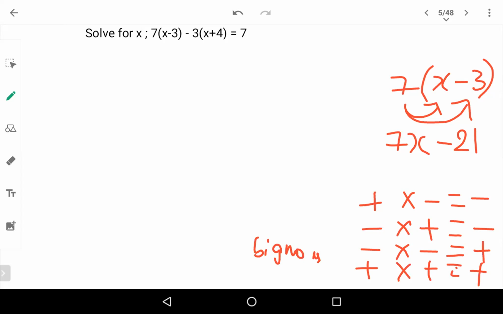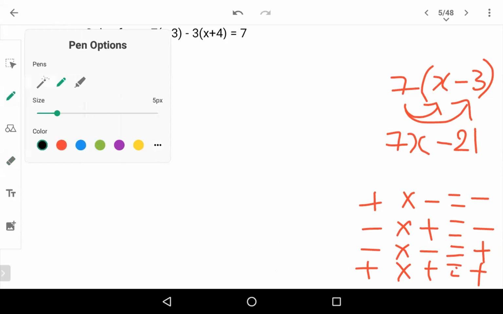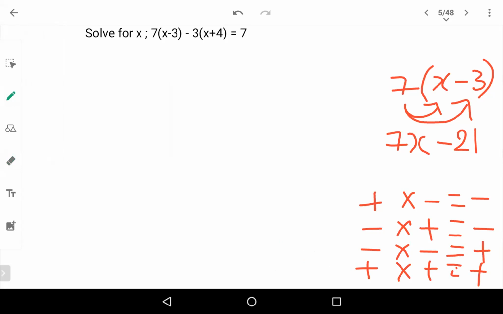So we have plus 7 into minus 3, so minus 21. Our first expression will be 7x minus 21. We have removed the bracket. Understood till here?